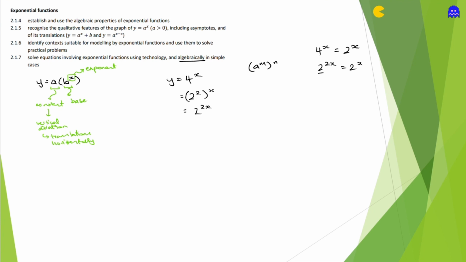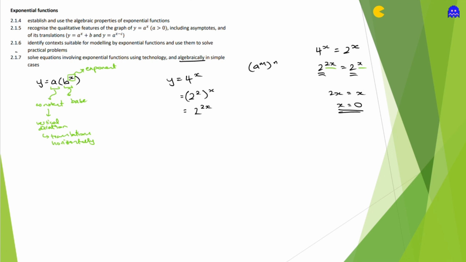And since we have the same base, we can then equate our exponents, 2x equals x, and so as a result, we know that this will only have one solution, being x equals 0. Okay? We'll go into this in a bit more detail when we are trying to solve them in a couple more complex cases with algebraic solving of exponential functions.